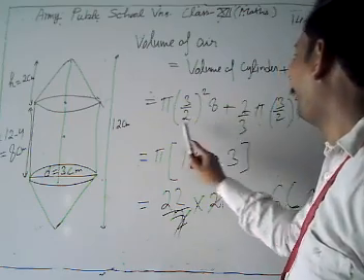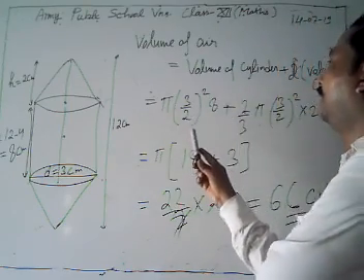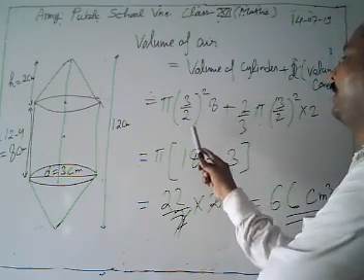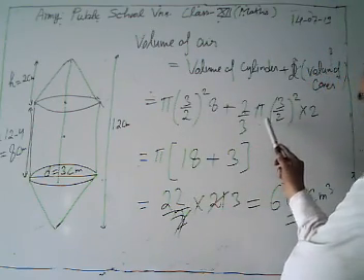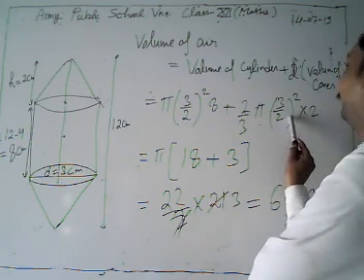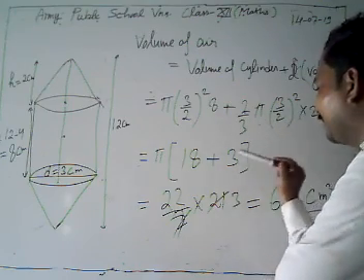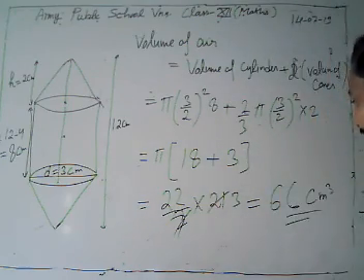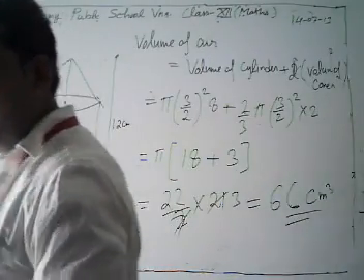Then we have 3 by 2 square into 8, 9 8s are 72 divided by 4, we get 18. And taking out pi common, we have 4 by 3, 9 by 4, the 4s cancel out, it's 3, 18 plus 3 is 21. After solving, we get the total air contained in this model is 66 centimeter cube.